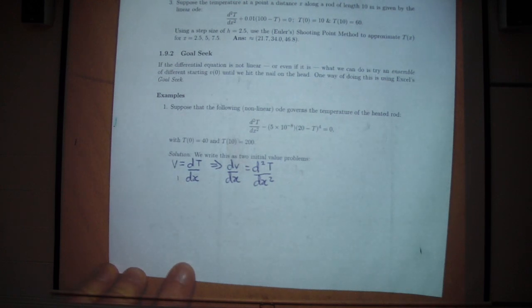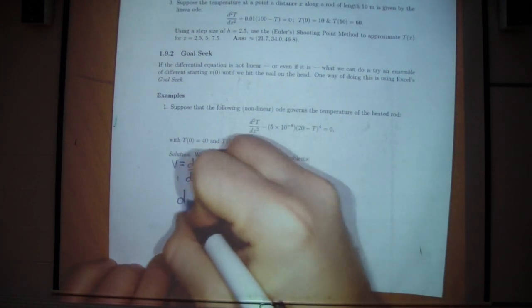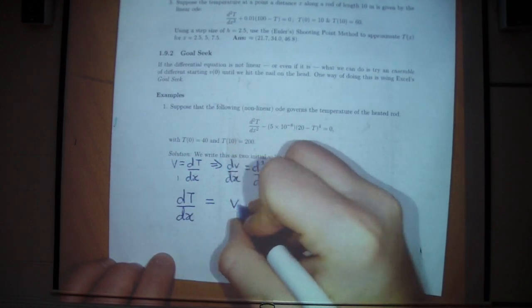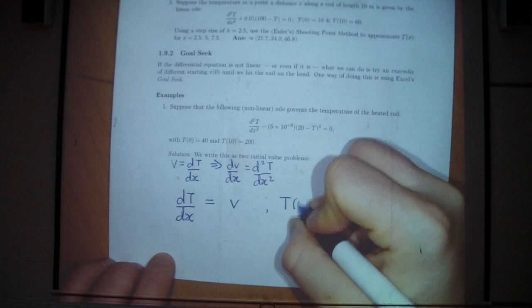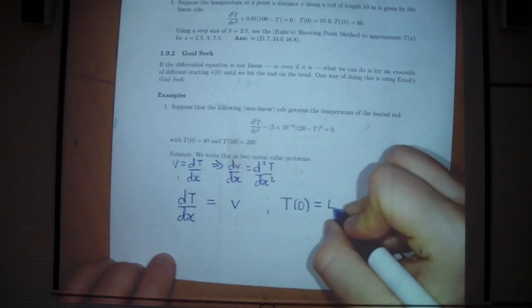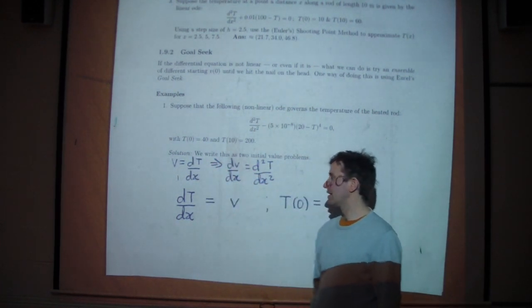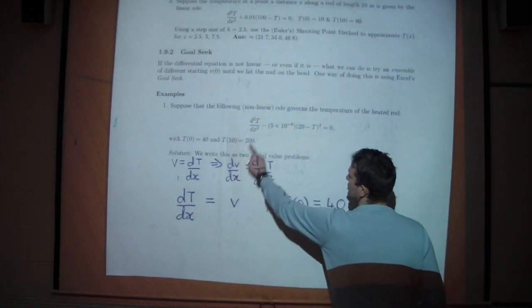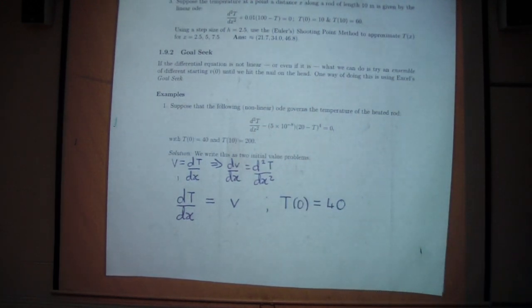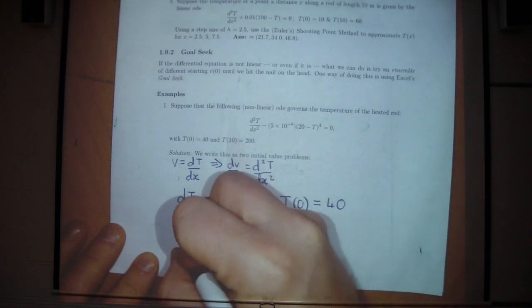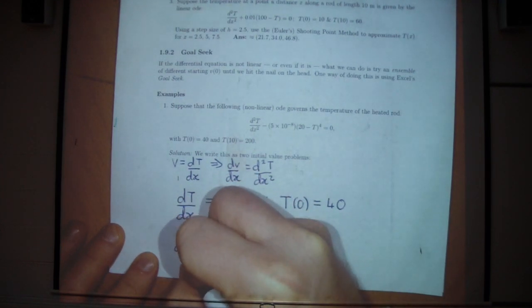So let's see, what are we going to do? dt/dx, the differential equation for the temperature, is equal to v, together with a starting value of t of 40. That starting value of t is taken from the question. And now, as I said, this is equal to dv/dx. Add this to both sides. I'm a little worried about this sign, but we won't worry about it. dv/dx is equal to this.